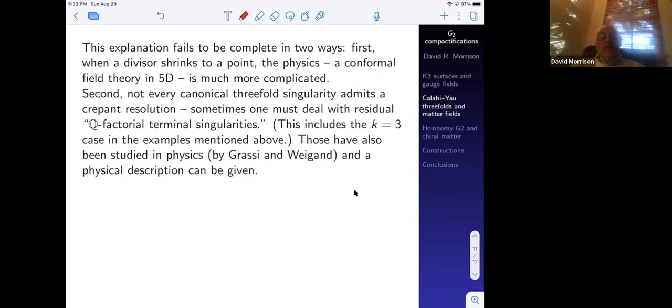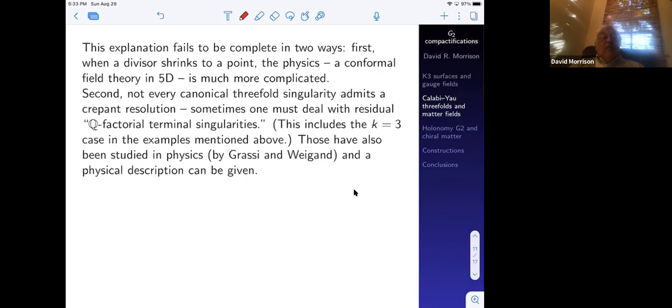But in general, for a threefold, you might have to deal with something called Q-factorial terminal singularities, which are the ones that have no crepant resolution. A particular example of such a guy is the k equal 3 case in my family of examples on the previous slide. That was the one where I didn't have a complete answer to the metric situation.